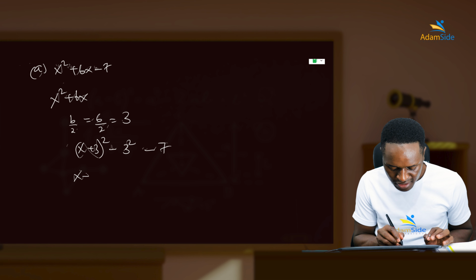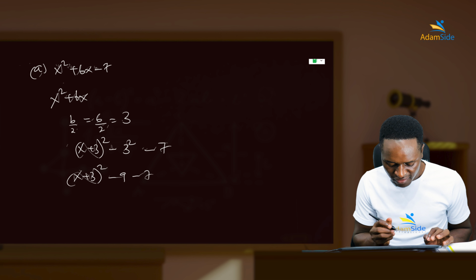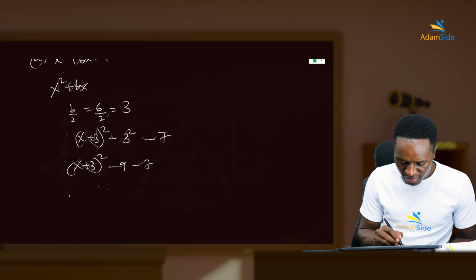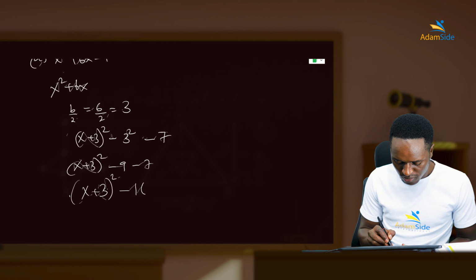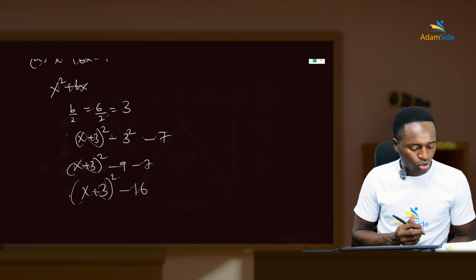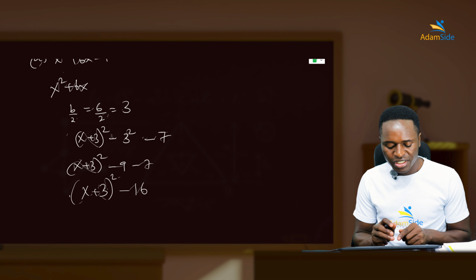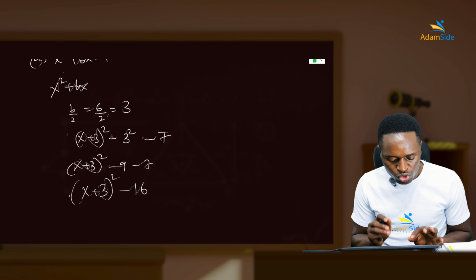So your answer will be x plus 3 squared minus 9 minus 7. So we have x plus 3 squared minus 16. This is our quadratic expression in completed square form.